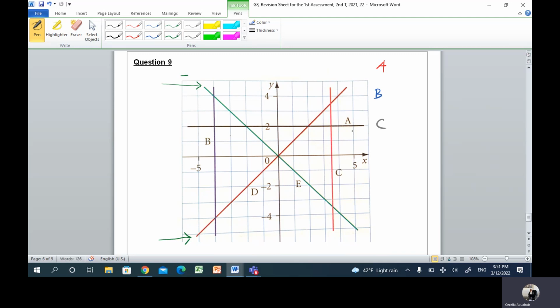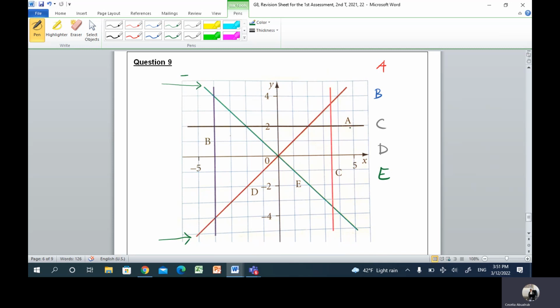I just don't have enough colors. And then I have again the dark red, which is line D, and then I have the green, which is line E. So I have 1, 2, 3, 4, 5. And always start with the lines that are parallel to the X or parallel to the Y.